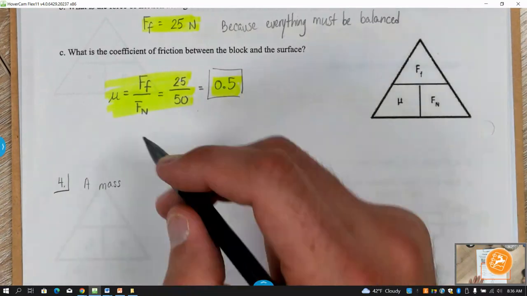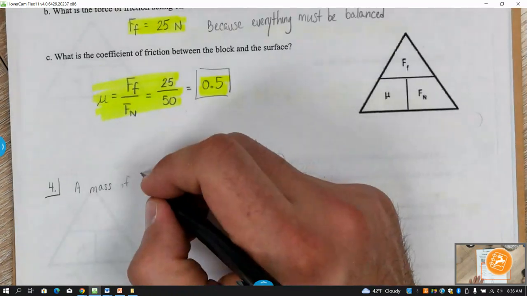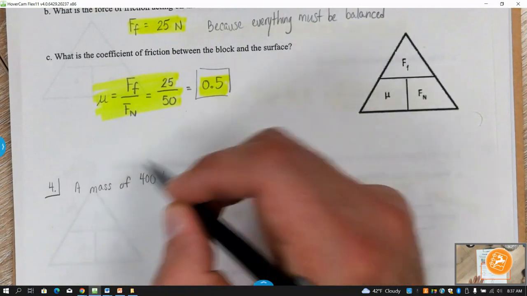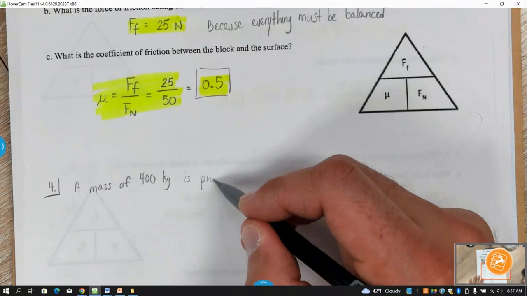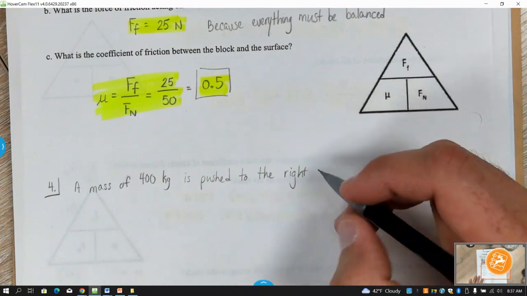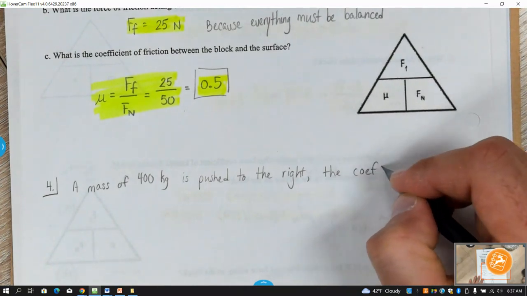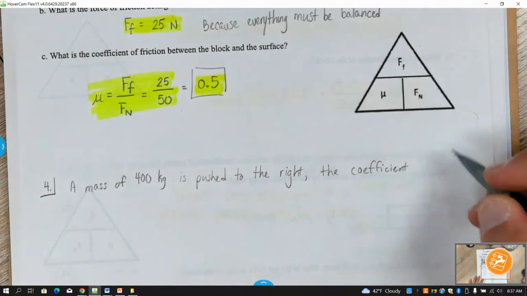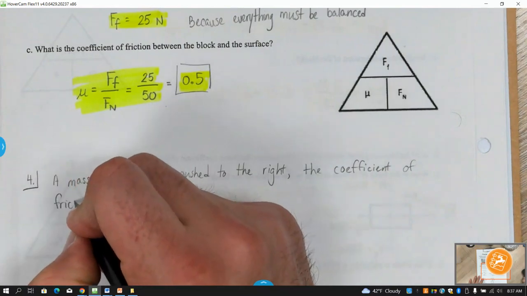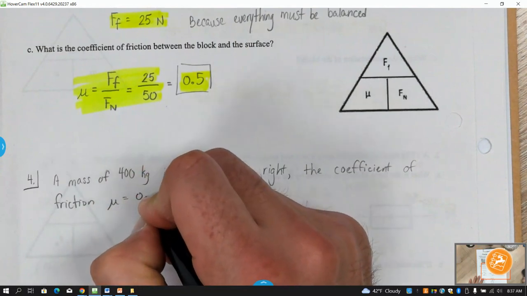A mass of 400 kilograms is pushed to the right, the coefficient of friction mu is going to equal 0.70.